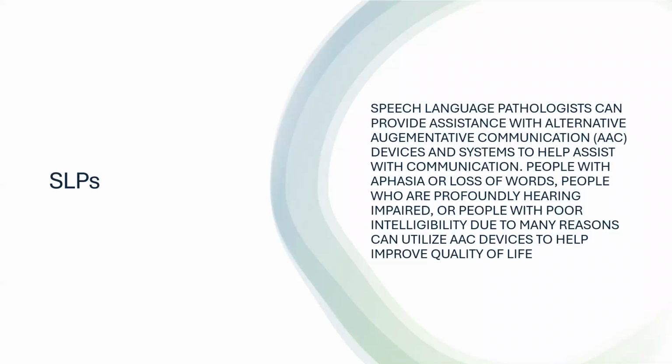And for insurance to cover it, a speech pathologist has to evaluate you and say, you are appropriate for the device. And it's a really neat device because it can help someone do two-way communication without a phone that's dependent on Wi-Fi, right? So if the internet's not working, then you can't communicate over the phone sometimes, and that's frustrating. So we're working with getting this device into the hands of people who really need it.